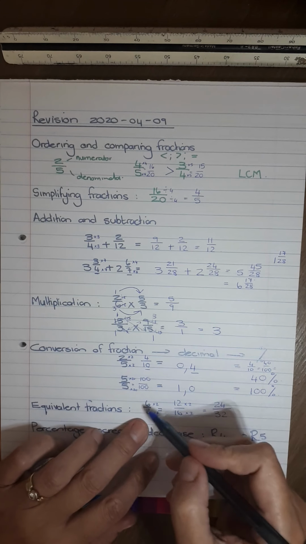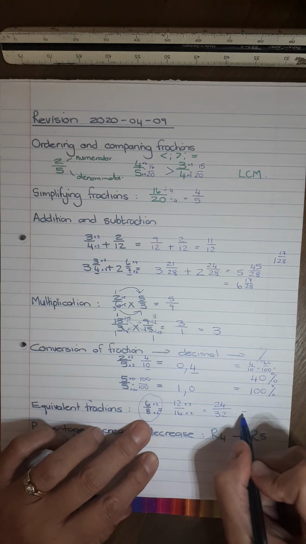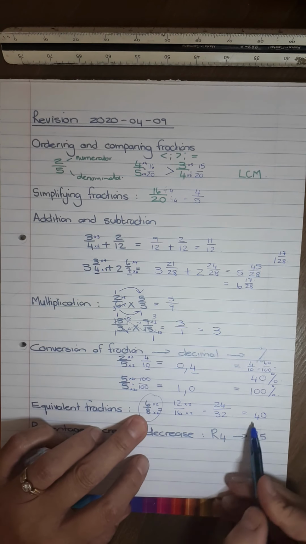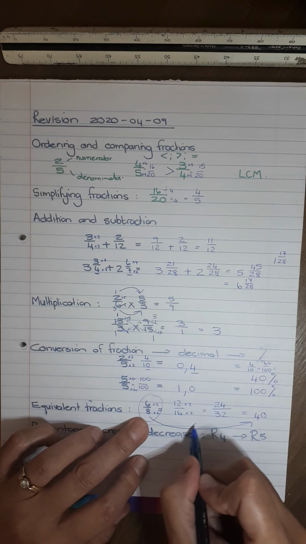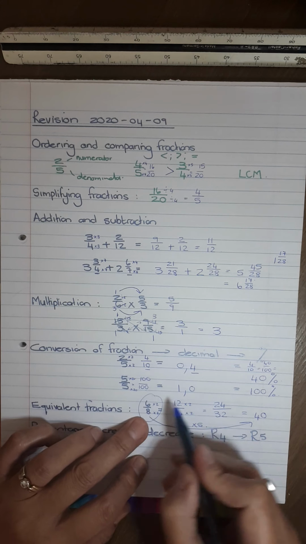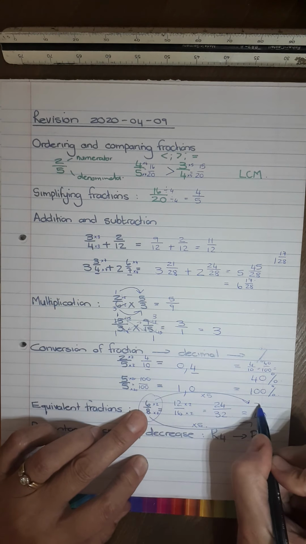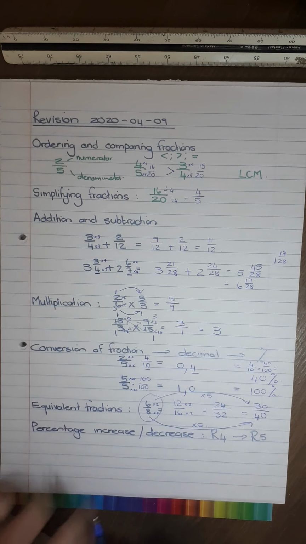If I told you write an equivalent fraction for 6 over 8, when I have a denominator of 40, then I just check, how did I get from 8 to 40? I said 8 times 5. So what I do at the bottom, I have to do at the top. 6 times 5 will give me 30 over 40. That's an equivalent fraction to 6 over 8.